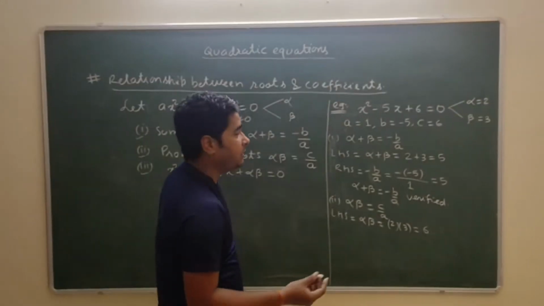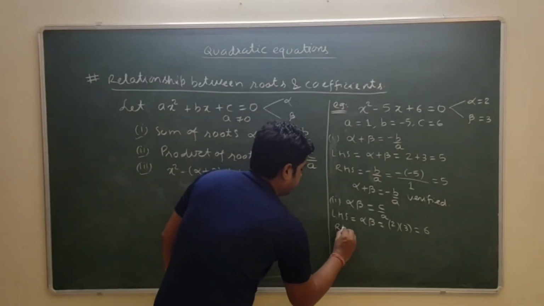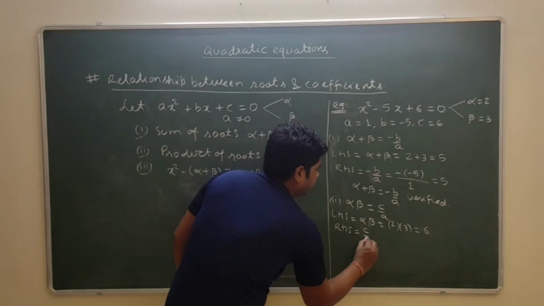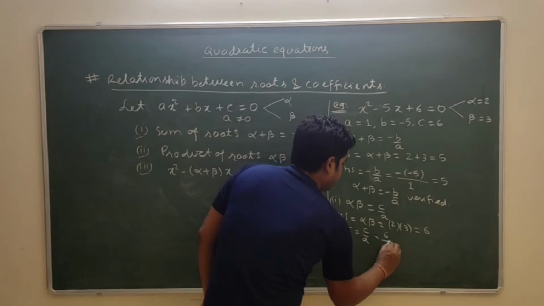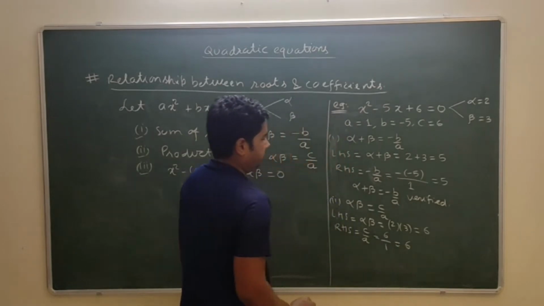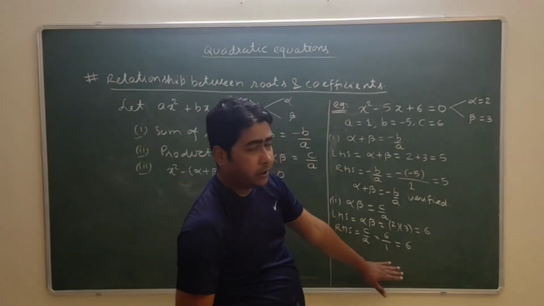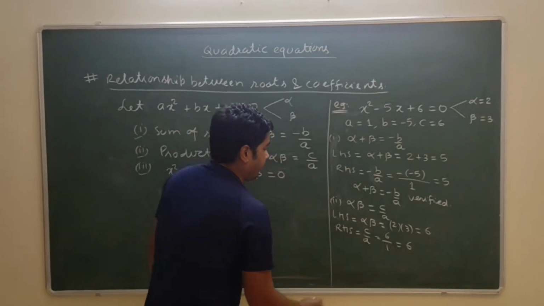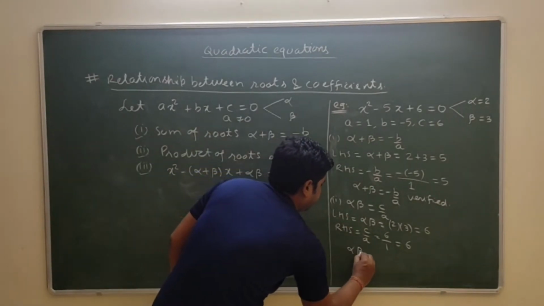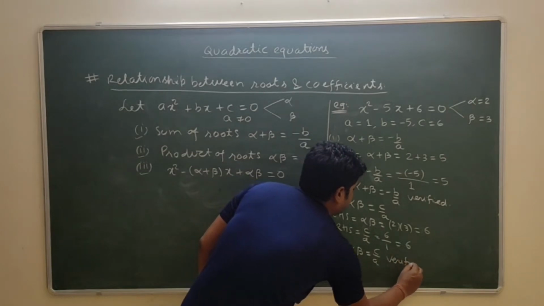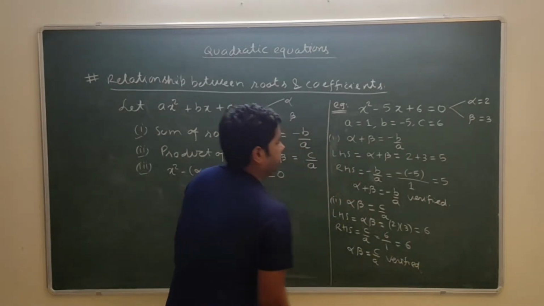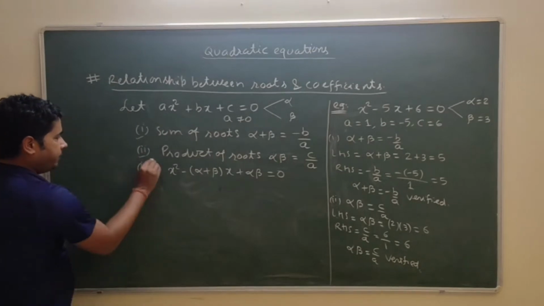Now the right hand side, which is c by a. C of this equation is 6, and a is 1. The left hand side and right hand side are both equal, which means this is also a correct formula. Alpha into beta is equal to c by a. This is also verified.